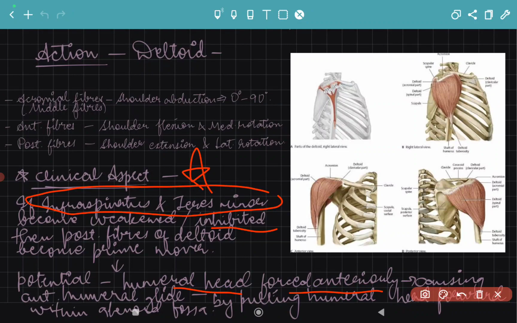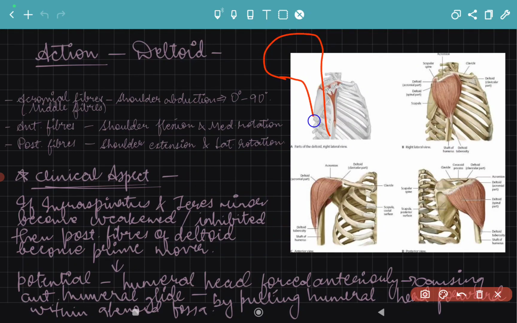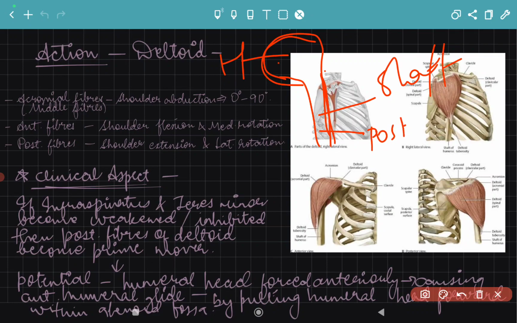as lateral rotation. So while extension, if we go by convex concave rule, then the humeral head will come anteriorly. So if this is the humerus, this is the head, and this is the shaft. So in extension, the shaft will go posteriorly, whereas the head will glide anteriorly.